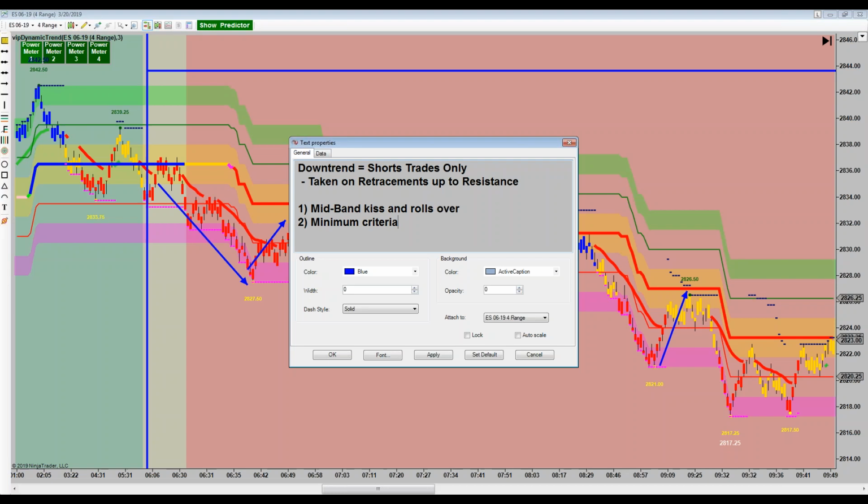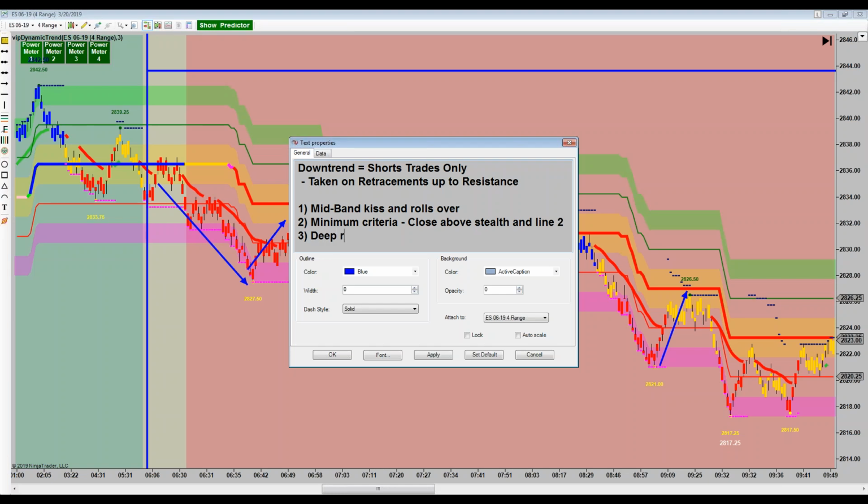Short trade entry, and that means that it has to close above stealth and line 2. And the 3rd type of shorts in a downtrend are what we call deep retracements.